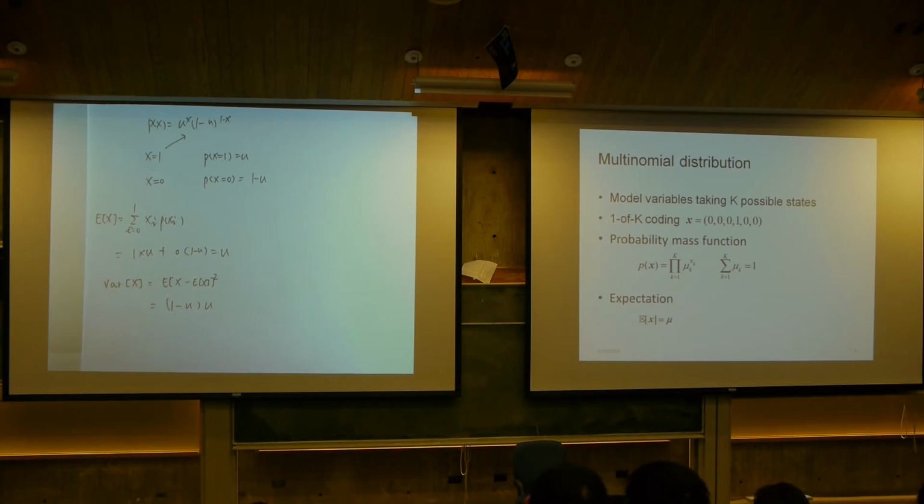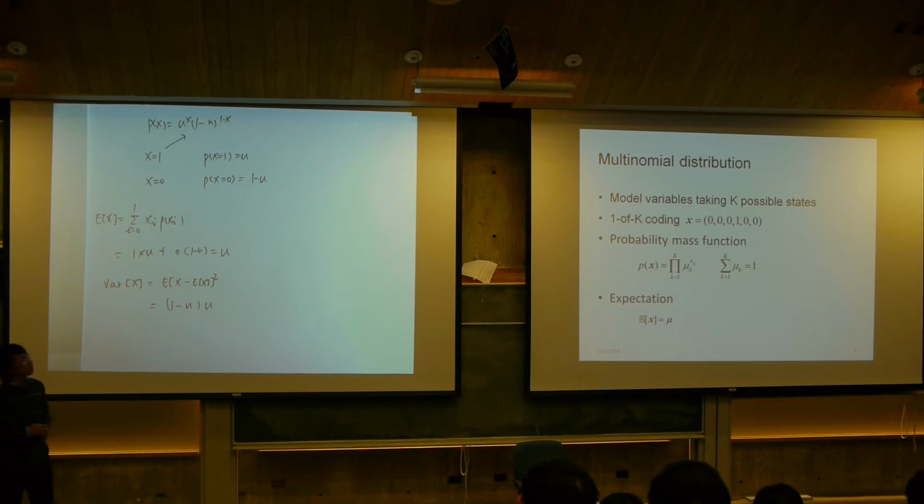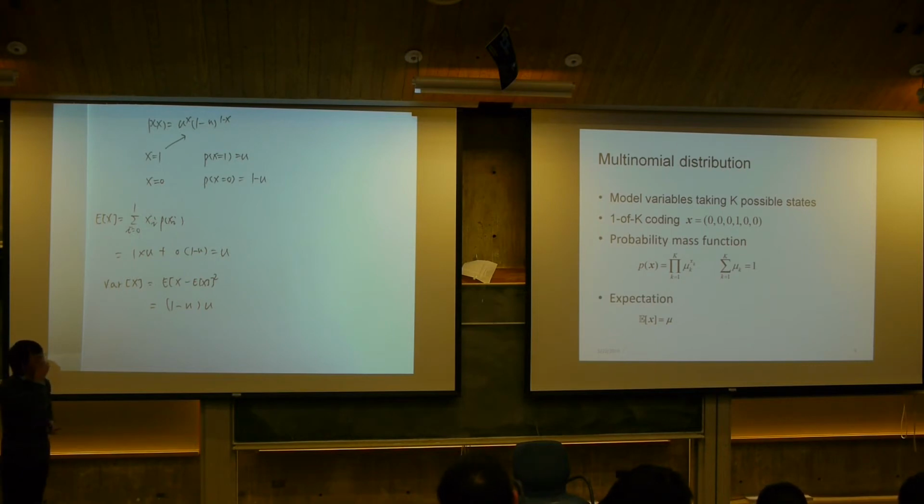As I said before, for discrete random variables, if there are two outcomes, we use the Bernoulli distribution. If the number of outcomes is k, where k is greater than 2, we use the multinomial distribution. So the multinomial is a generalization of the Bernoulli distribution.